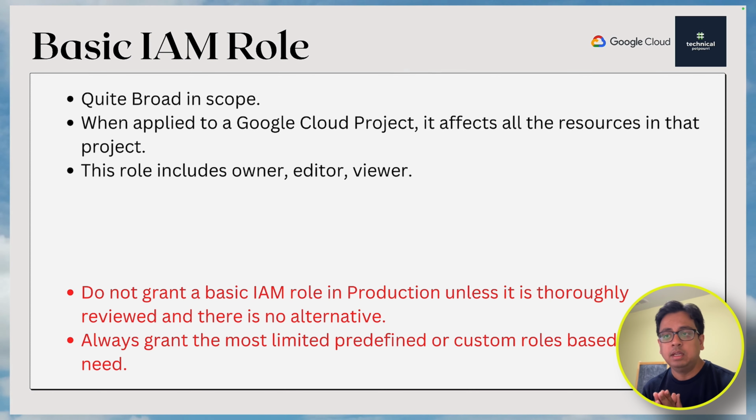So that's why the basic IAM role is quite broad. Giving the basic IAM role is basically leaving the door wide open and they can do whatever they want, which we don't want. We want to give the least permission, and that's why always try to go with the custom role or predefined role. If that is not possible, then only come to the basic IAM role. Good.